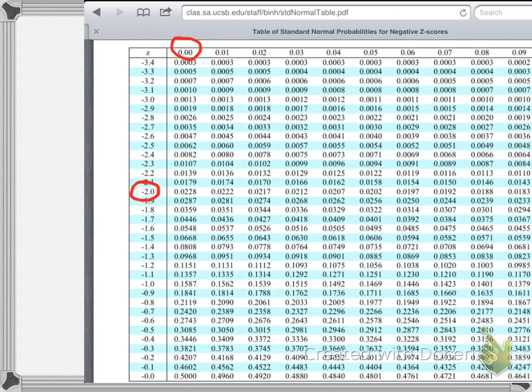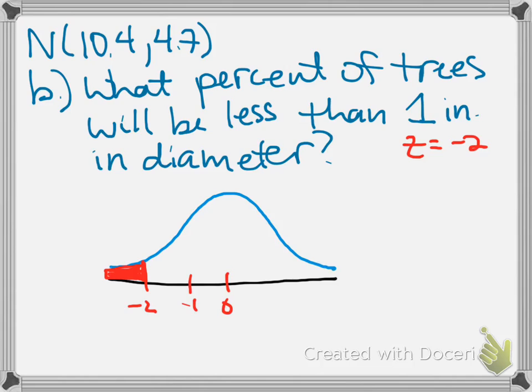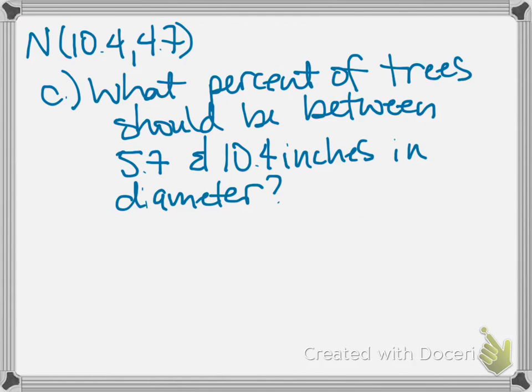The proportion of observations in our standard normal table that would fall at or below a z-score of negative 2 would be 0.0228. So the answer to our question is, of course, 2.28%.